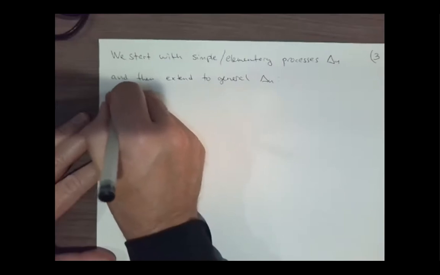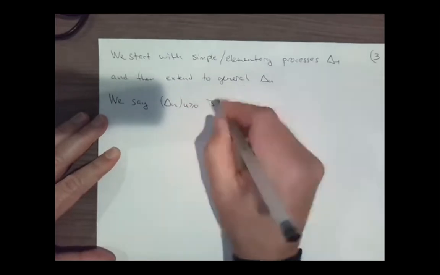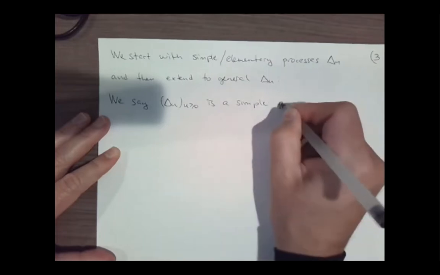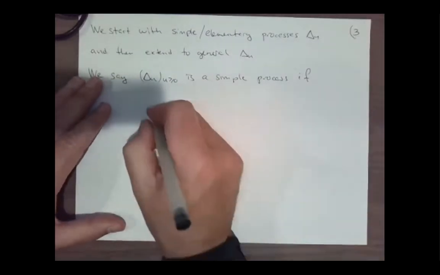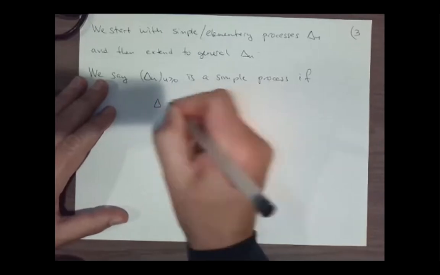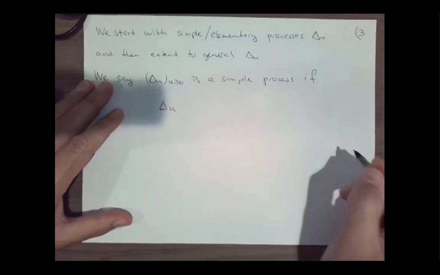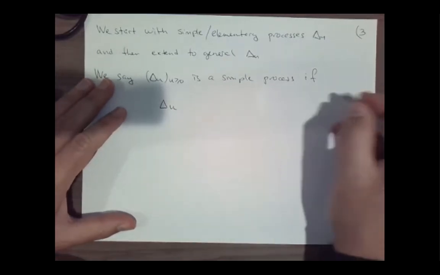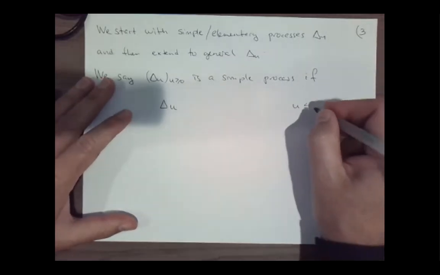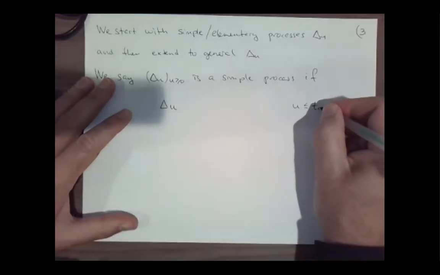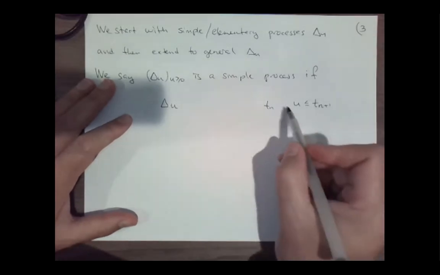We say that this object is a simple process if I can write delta u, if I look at u's between, say, two time points, t n plus 1 and tn, and so we have to make a decision.